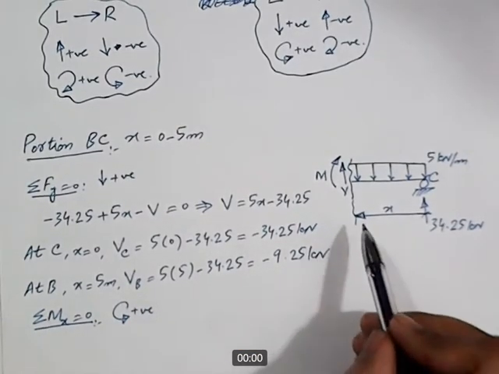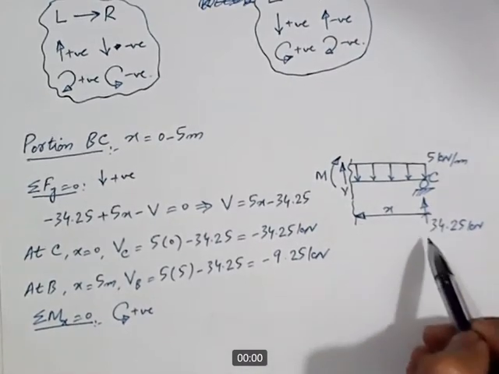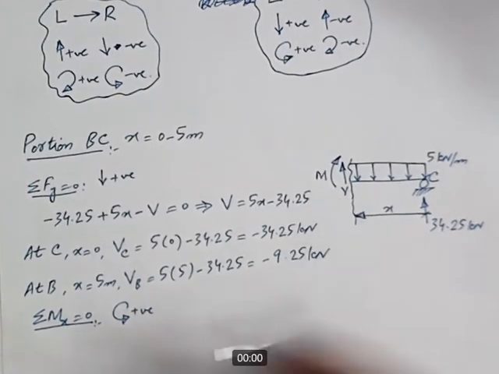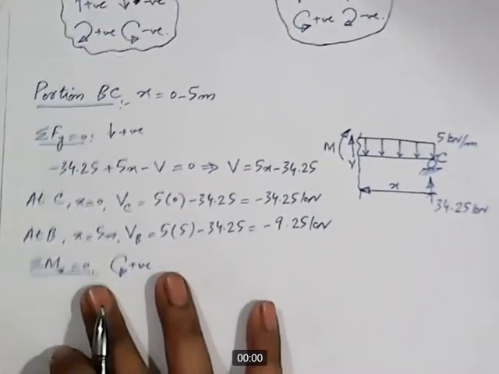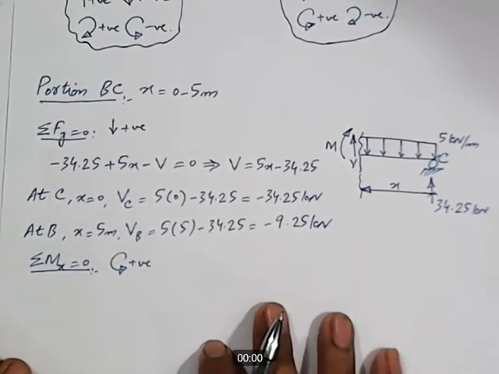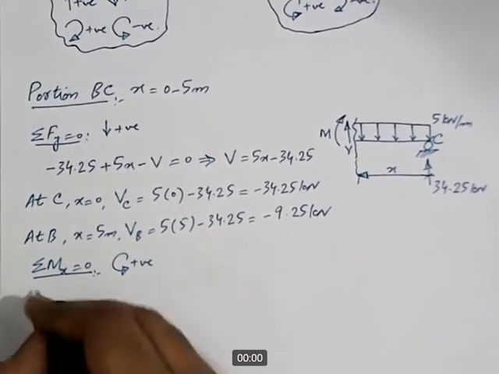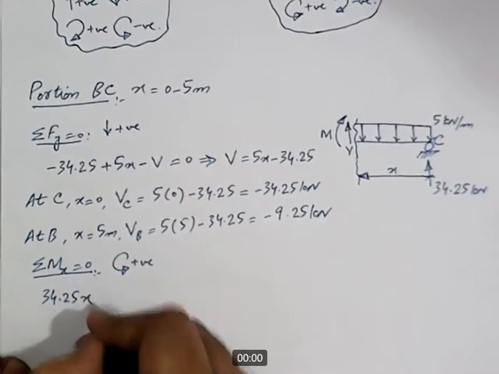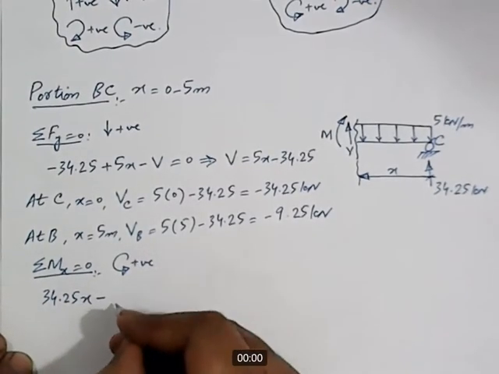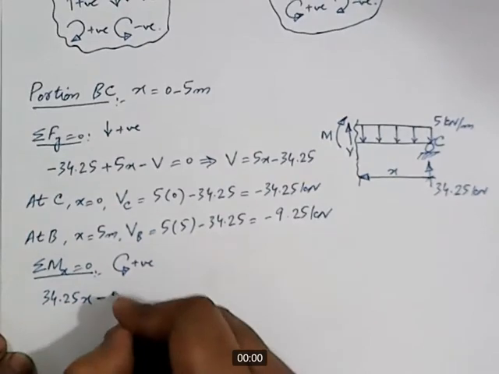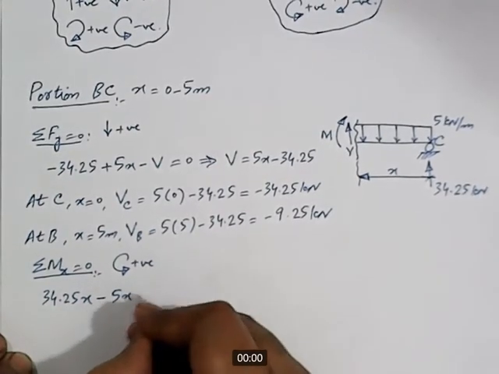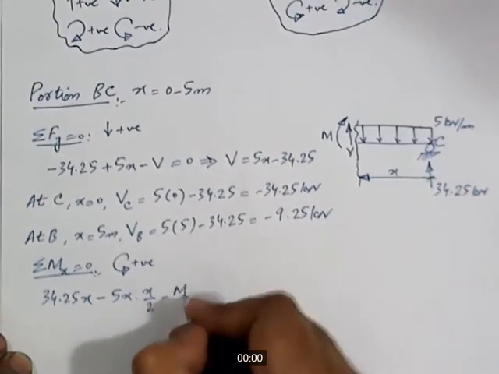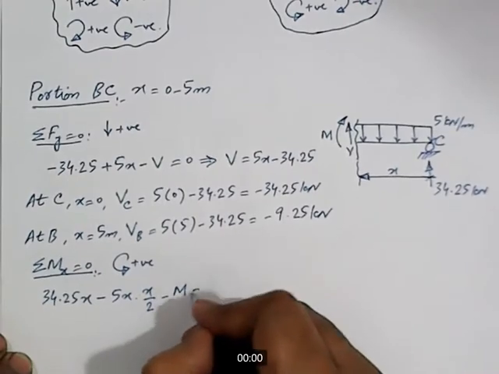Okay, so if we start from this side, 34.25, it is producing movement in counterclockwise direction about the section, so it will be positive, 34.25 into x minus the moment because of the UDL, that is 5x. 5x is the resultant of the UDL into x by 2, that's the lever arm, and then minus M because M is in clockwise direction, and that is equal to 0.